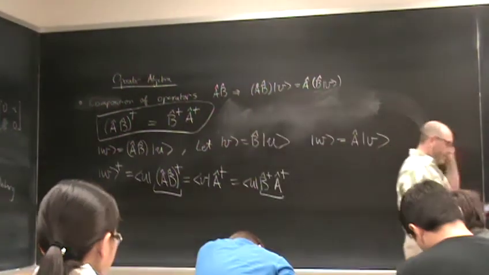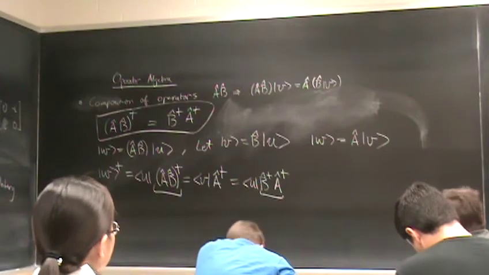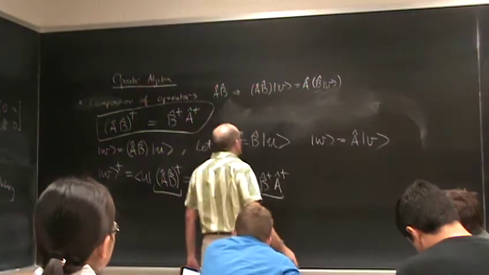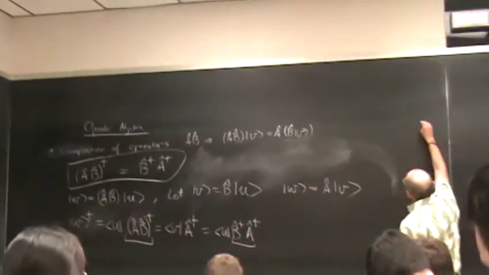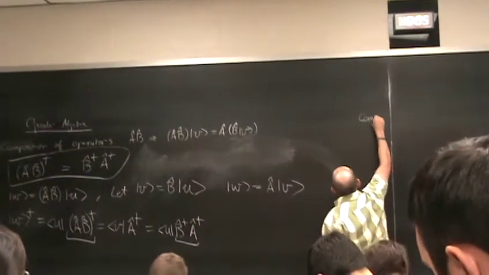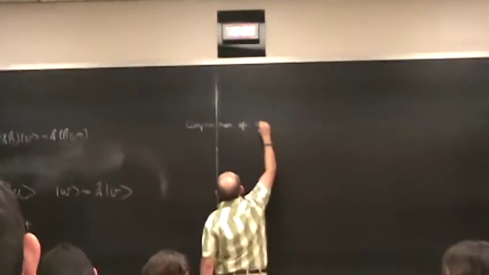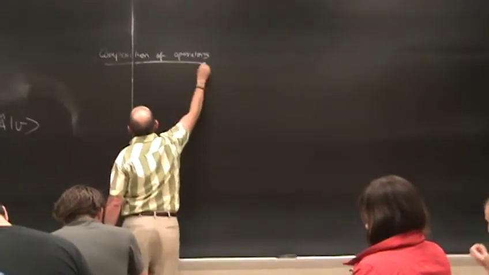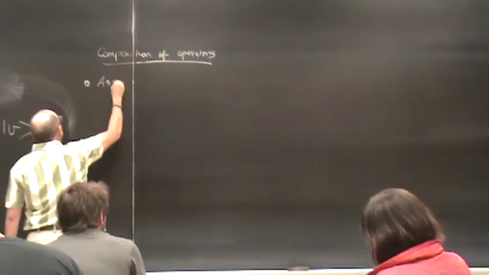So the adjoint of a product is the product of the adjoints. Now, why do we care about the order? Because generally, the operators don't commute. So composition of operators satisfies a few properties. Firstly, we do have associativity.